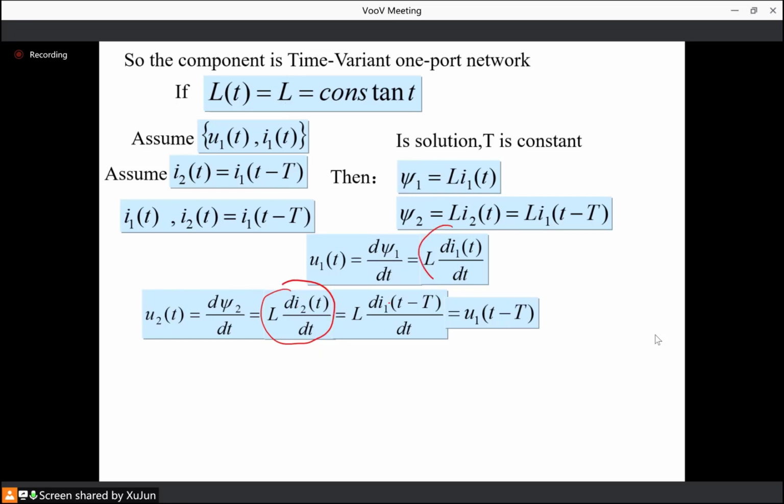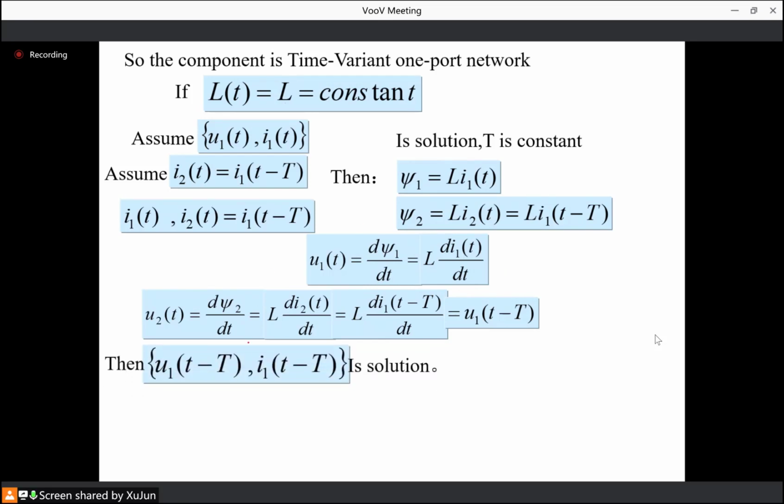Because I2 is the delay of I1, we can find that this expression is just this expression delayed by t. So this means U2(t) is a delay of the U1(t).